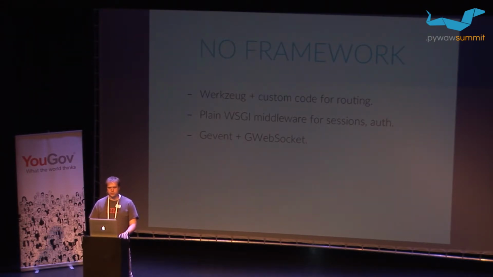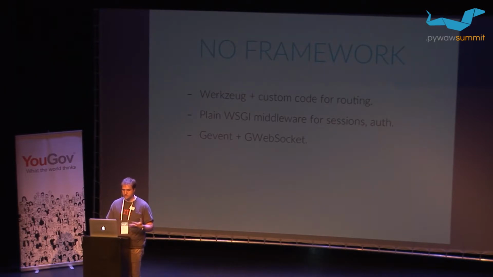Plain WSGI middlewares can give us things like sessions and auth, and because we're going to need a whole lot of connections open potentially at once, we don't want to block, we don't want to use up a ton of threads. I like just throwing in gevent to give me all those open connections at once, pretty much for free.